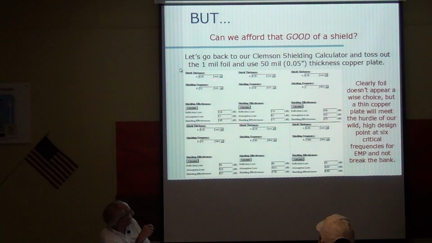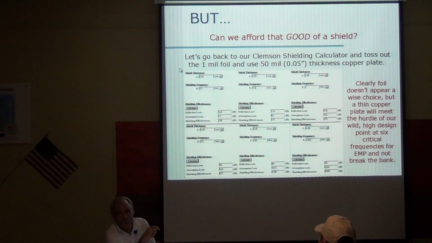So now we're using real thin copper metal, and we're going to run the frequency at 10 kilohertz, 100 kilohertz, 1 megahertz, 10, 100, and 1,000 megahertz. So now we find that we've got 145 dB of shielding effectiveness at your lowest frequency, and then very nicely, all your other shielding effectiveness raises up as you go up higher in frequency.